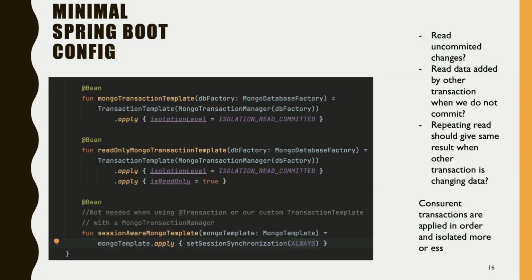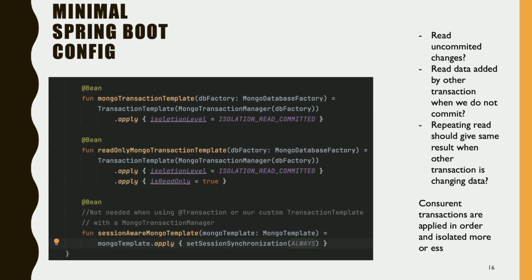And then we are adding the Mongo transaction template, which is the thing that we will use to actually execute the transaction. So here we can also set whether it is a read-only transaction, or a transaction that actually adds something to our database. And then we can set the isolation level. So it's also good to ask yourself what you want to read and how your transaction should behave.